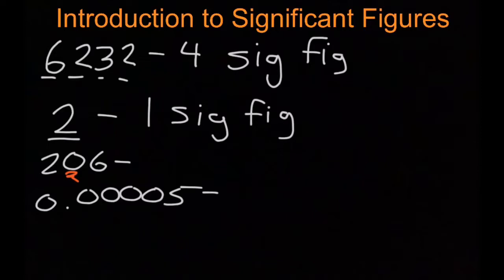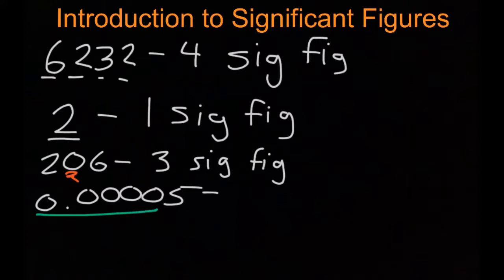So all 3 of those numbers are significant. So we have 3 significant figures. How about 0.00005? Right here are our leading zeros, which are not significant. So the only thing that's significant here is our 5. So we only have one significant figure for this one.